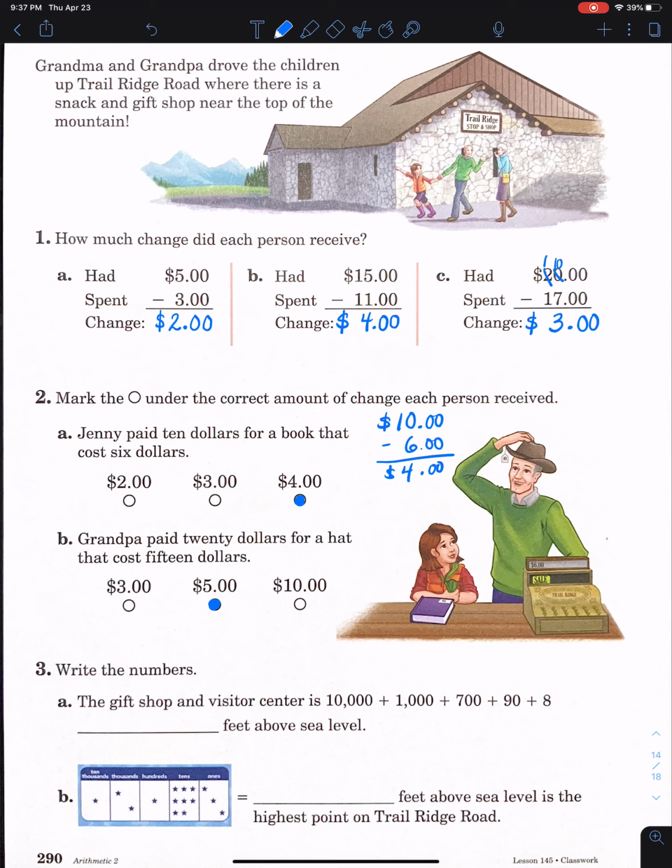So we have 10,000 plus 1,000. That will give you 11,000. 11,000 plus 700 will give you 11,700. 11,700 plus 90 will give you 11,790.